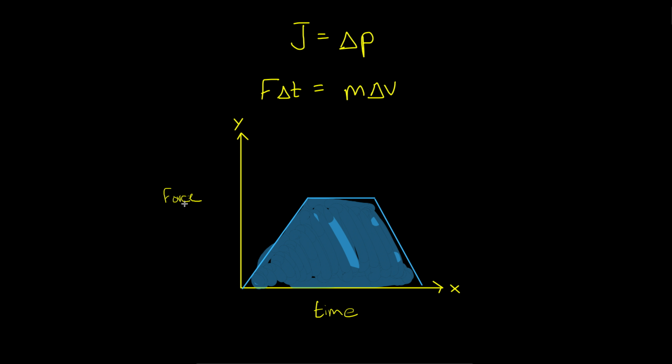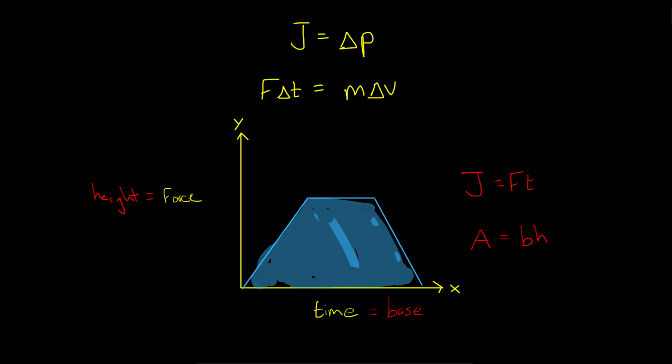Now, here's how that works. You'll notice that force and time are two major components that will solve for impulse, and force is being multiplied by time. You can see here that time represents the base, and force represents the height. If you look at the equation for area, area equals base times height.